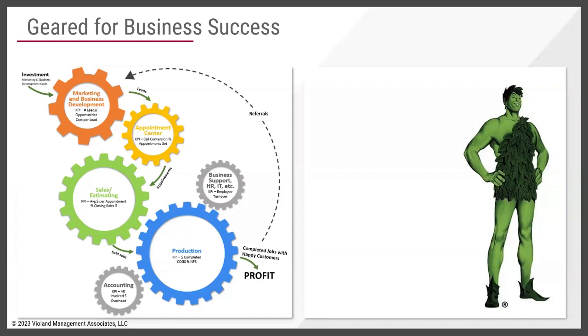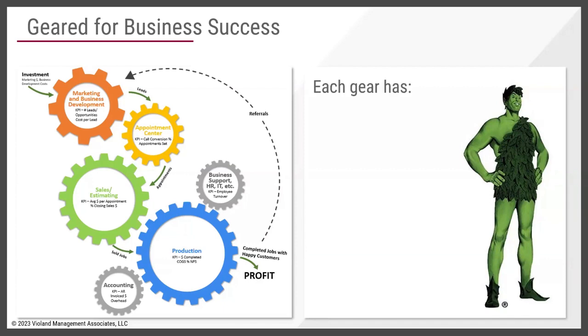So you'll see that there's a marketing or business development function, an appointment center function, a sales or estimating function. These are the closers. These are the people that get the yes. There's also a production or installation or operations function. And then there are some other supporting gears as well, like business support, HR, IT, and accounting.